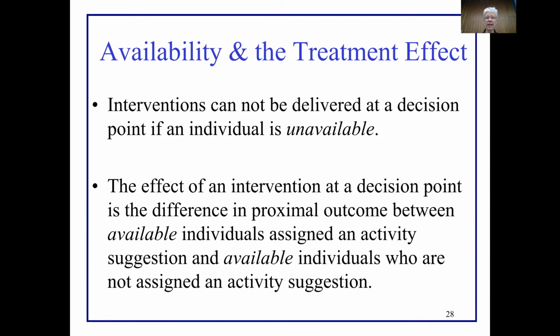And I say that in words in this last bullet point. So what is the main effect? It's a contrast between available people at that time who are assigned a message versus available people at that time who are not assigned a message. What is the difference in their 30-minute step count following that decision point?